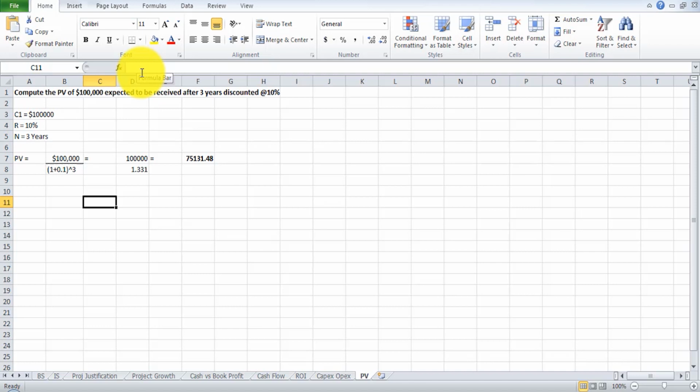So it's a reverse order. In one case, you know the future value and you bring it down to its present value. In the other case, you know the present value of the money and you determine its appreciated value in the future, because money is always appreciating unless the economy is facing a deflation, where the value of money is going down.